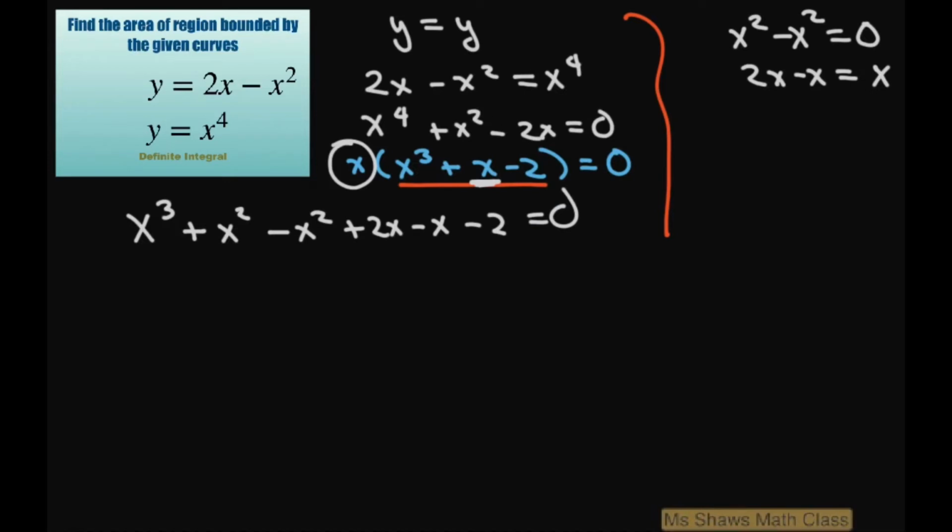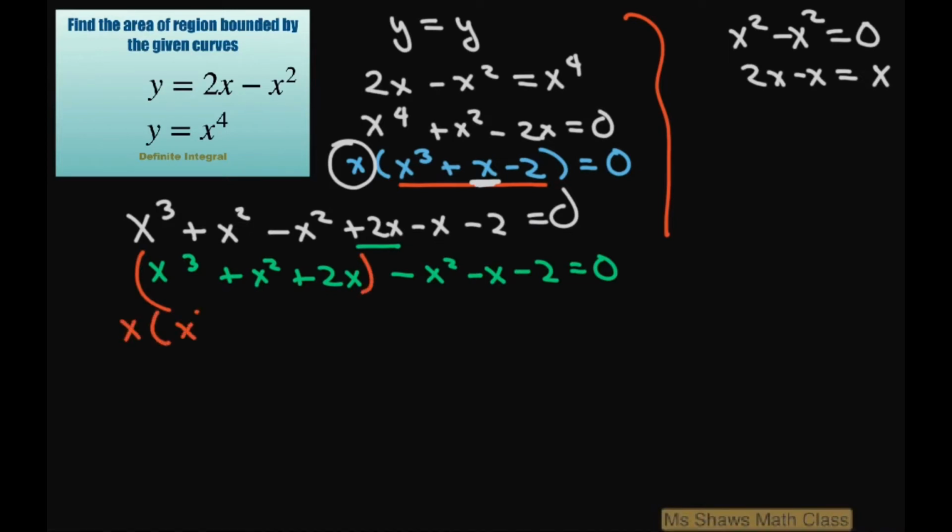Now regrouping this, I'm going to get x cubed plus x squared, then 2x, and then minus x squared minus x minus 2 equals 0. Then we're going to do a little factor by grouping. For this piece here, I'm going to get x times x squared plus x plus 2.